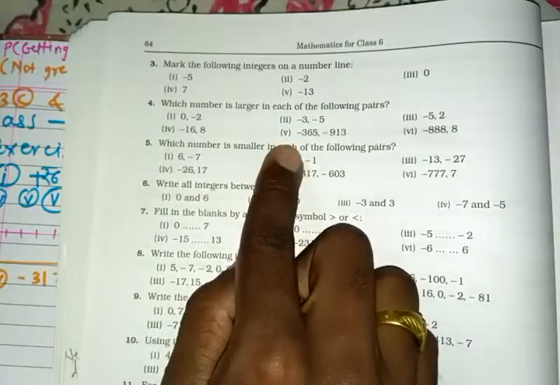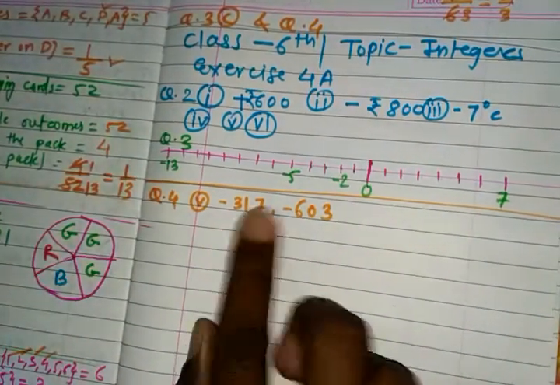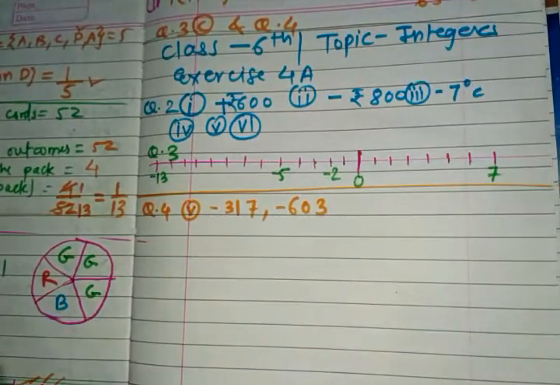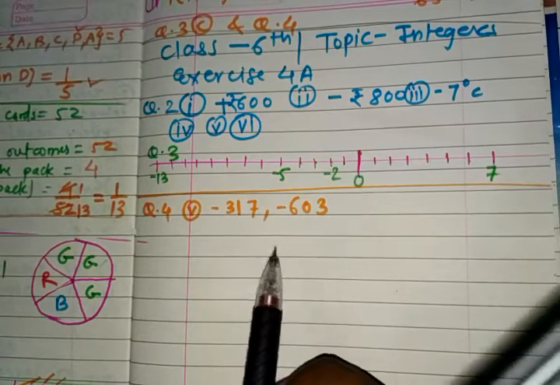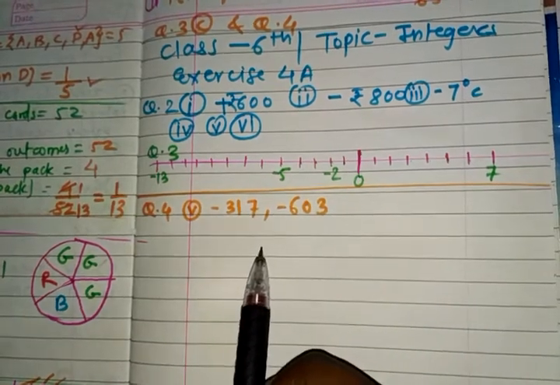So let's see the question that I have taken. Here minus 317 and minus 603. We have to decide which number is bigger and which number is smaller.